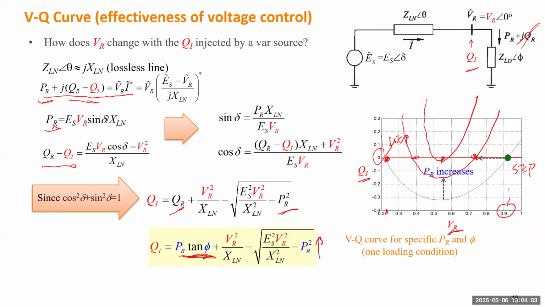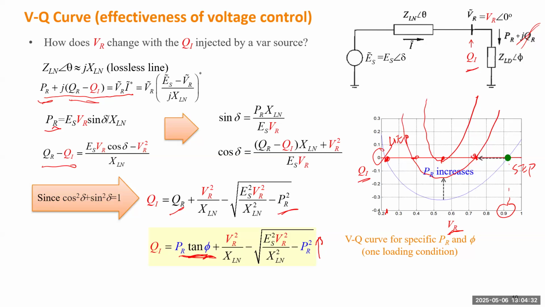All right, so you see the difference from a PV curve. The PV curve represents how the voltage changes with the increase of PR, which means that curve represents many conditions. You continuously change the power, change PR, and see how the voltage will decline. But the VQ curve tells you how the voltage changes with injection.